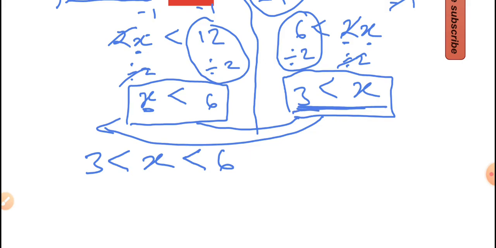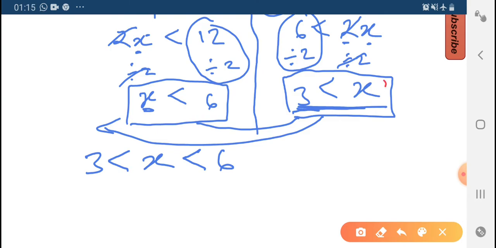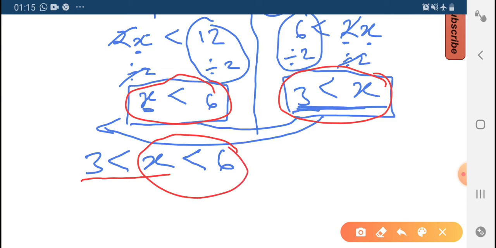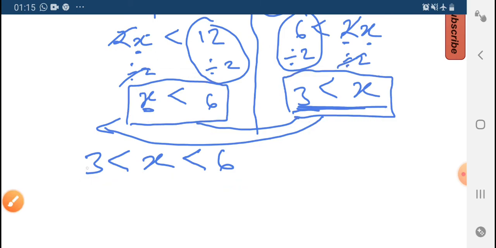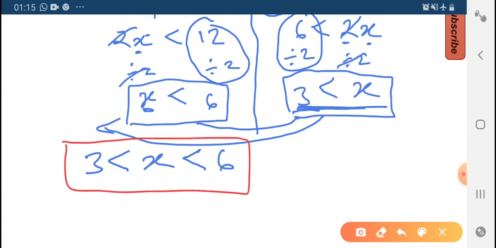So this bit here tells me that x has to be greater than 3, which I've got here. And this bit here tells me x has to be less than 6, which I have here. So the final answer is this here. If you don't understand that, rewind the video and watch it again.